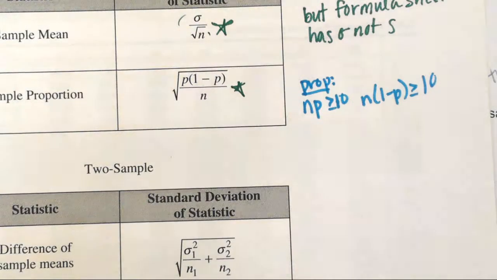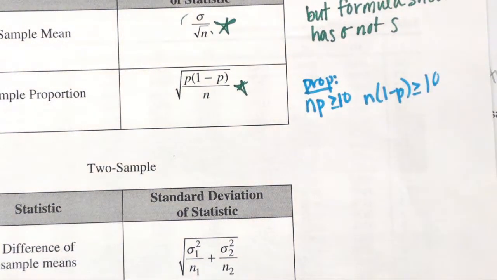So we have to check these conditions first. But we also have to check the condition we checked yesterday, which was not the law of large numbers, but the 10% rule. It says that the sample has to be 10% of the population. Like this class, normally no, because we have such a low population.